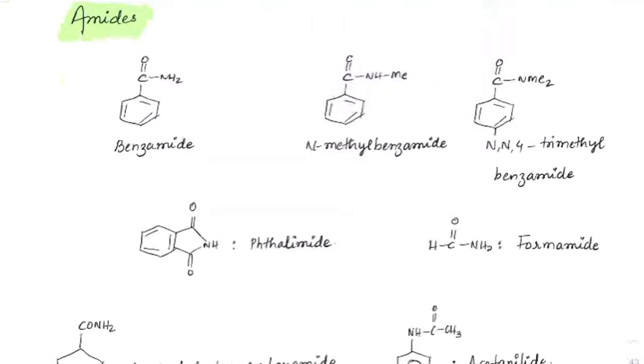Now, amides in general, this is the next derivative of acid. Amides generally are less reactive, so you won't see many reactions for amides. Let us go through the IUPAC names once. On benzene, if you have C double bond O NH2, we call it benzamide. If there is any methyl group present on nitrogen, we always designate that with N. So it would be N-methyl benzamide.